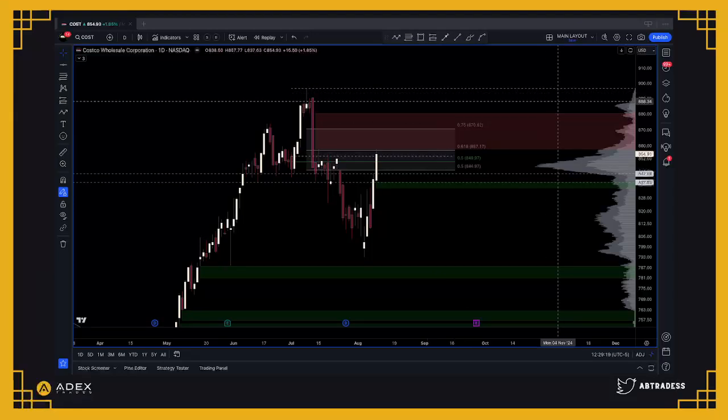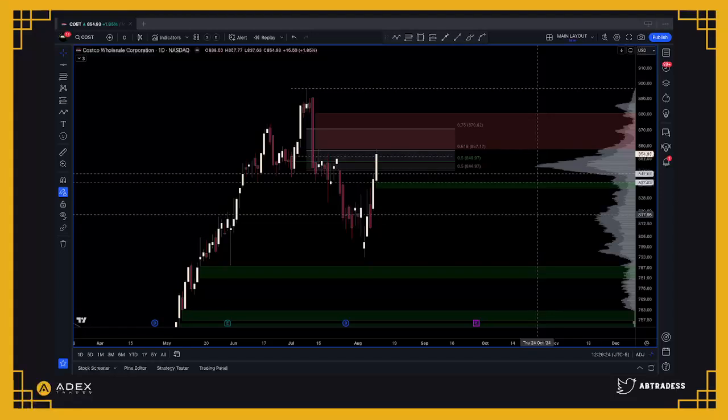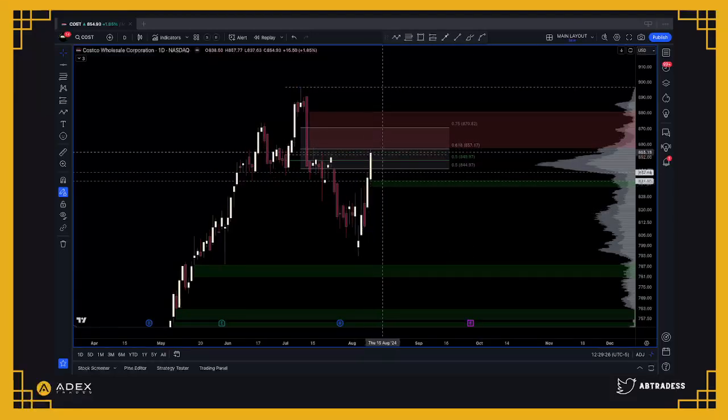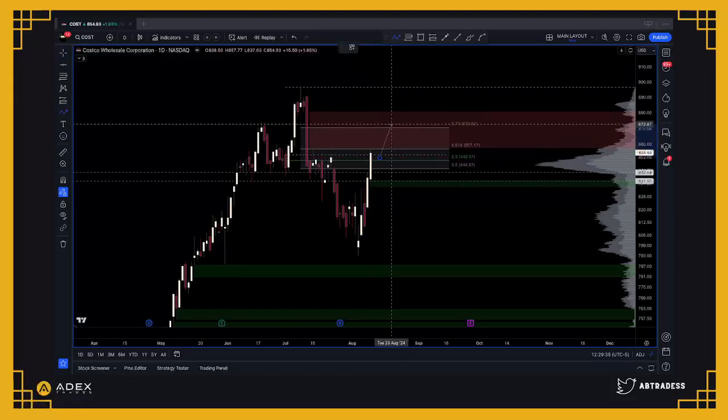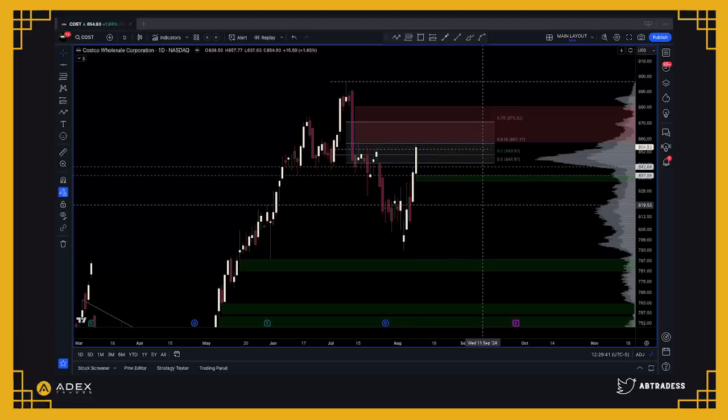So some 920, 900 calls on early weakness next week might be on the table. I just don't want to be a buyer up here because I know of the potential consequences. So you could still get that continuation though. Like it could just keep going and I would miss out because it would not meet criteria for me. And that's okay.